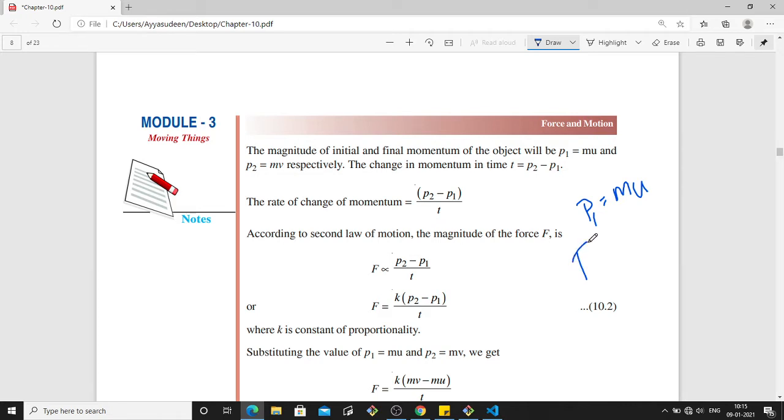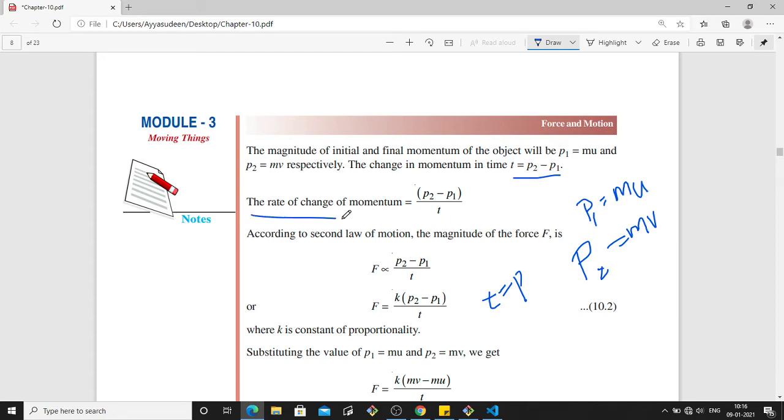The final momentum p2 is m, the same mass, but the velocity is different, so mv. How to find the change in momentum? It is p2 minus p1.